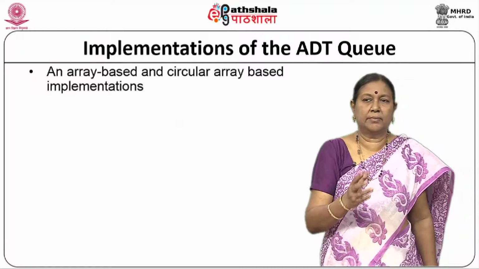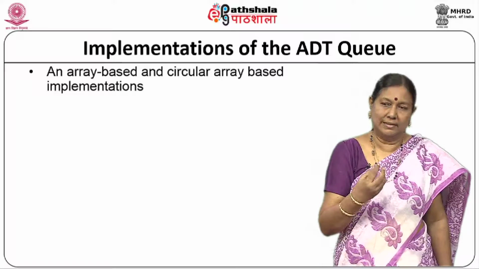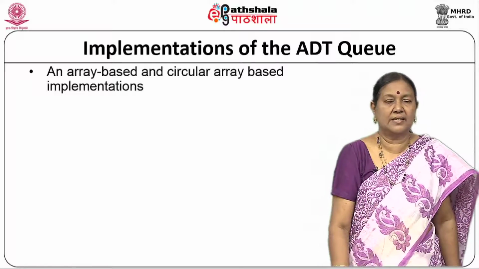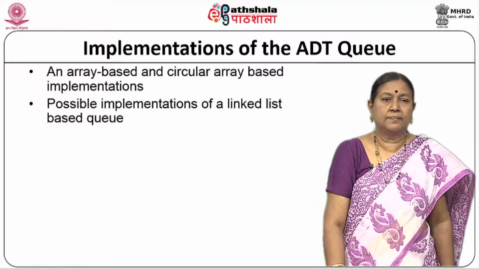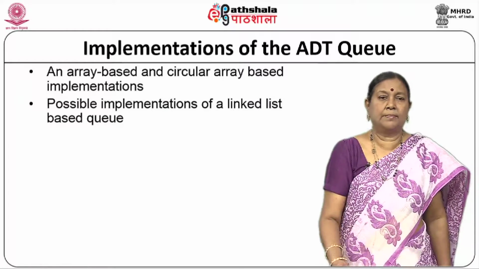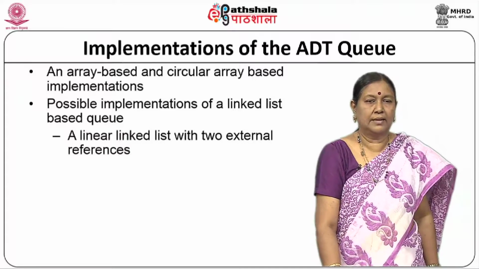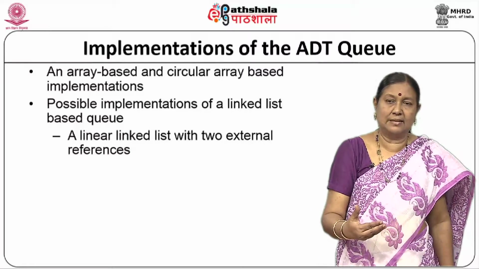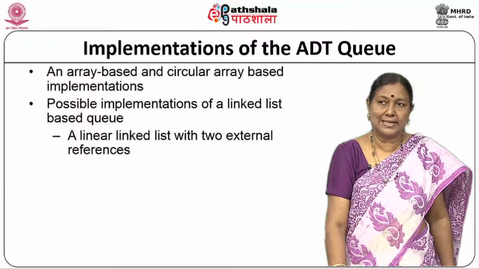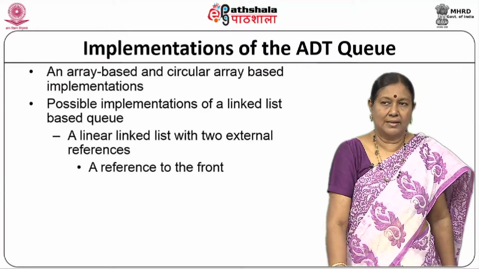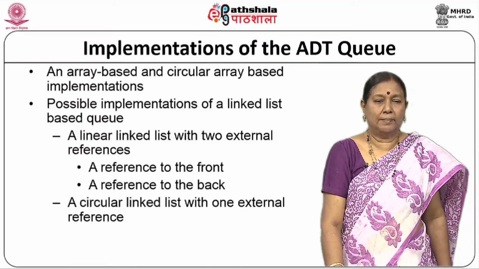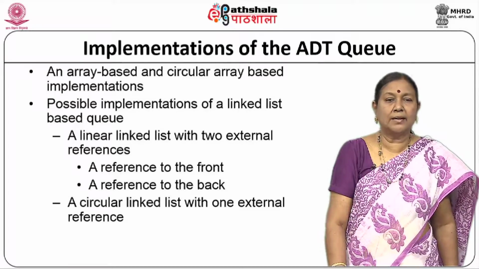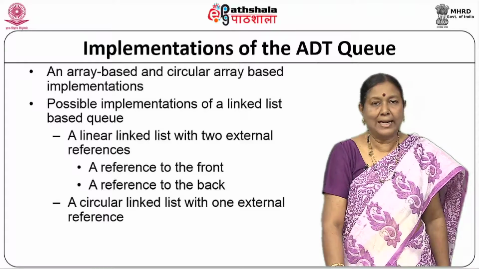There are two types of implementation using arrays. One is called linear array based implementation and the other is a circular array based implementation. Why we are going for that, we will discuss. Then we are going to look at the linked list implementation of the queue. You can have a linked list implementation using two external references, that is a reference to the front and a reference to the rear, or you can have a circular list implementation with only one external reference.